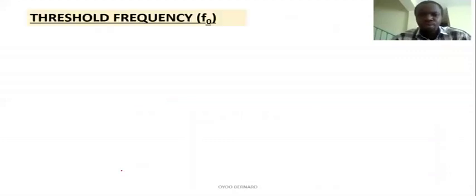Let's move to terms that are used in relation to the photoelectric effect. The first one is threshold frequency, and we normally use f naught to denote it. I've seen in most cases it's lowercase f with a naught, as long as you're doing it in this topic, but that also depends on the book that you're using.